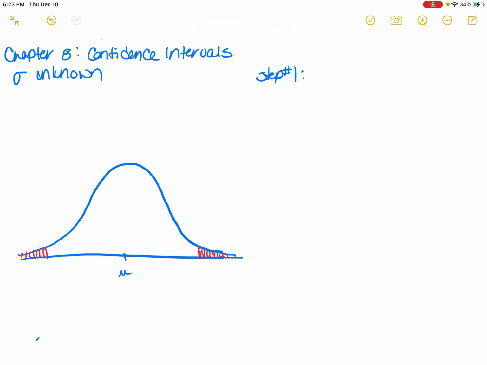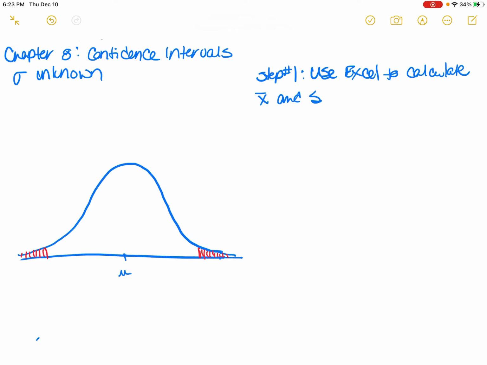So our first step is to use Excel to calculate. So that's for a sample, right? We calculate X bar and S, right?